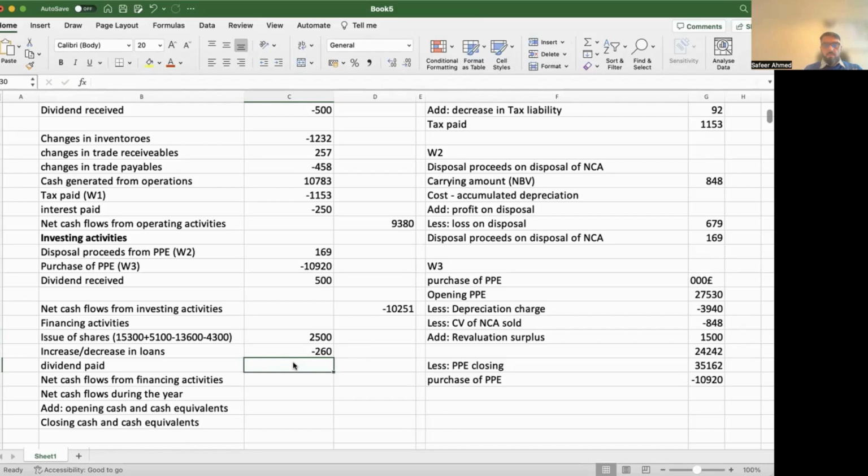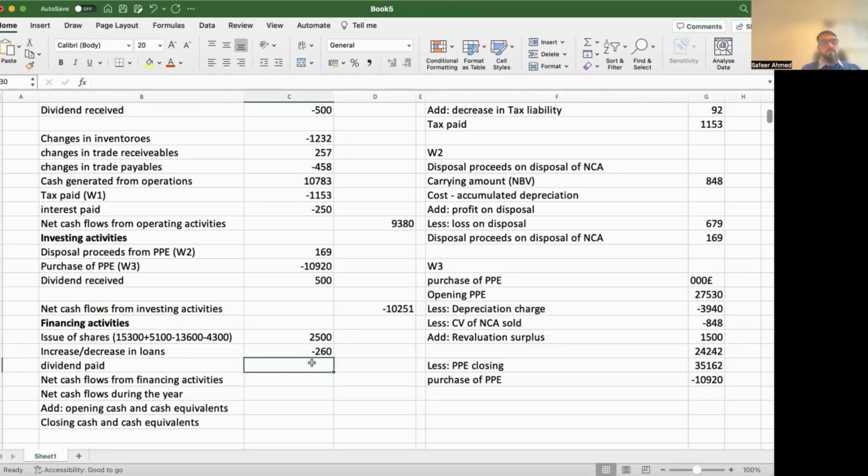Now, this is interesting because dividend paid, either you can deduct it from financing activities or you can deduct it from operating activities. Okay, so International Accounting Standard 7 permits both treatments. So either way, your answer will be 100% correct. So I prefer to normally record it under financing activities because if you think about it, it is kind of in relation to the shares, and that's why.